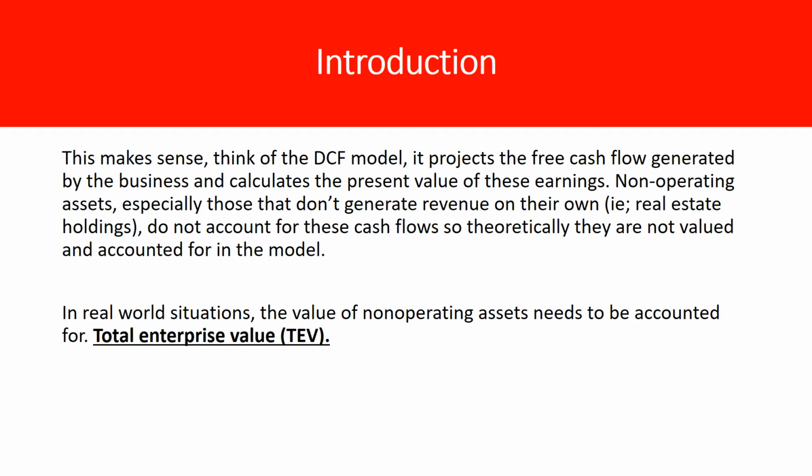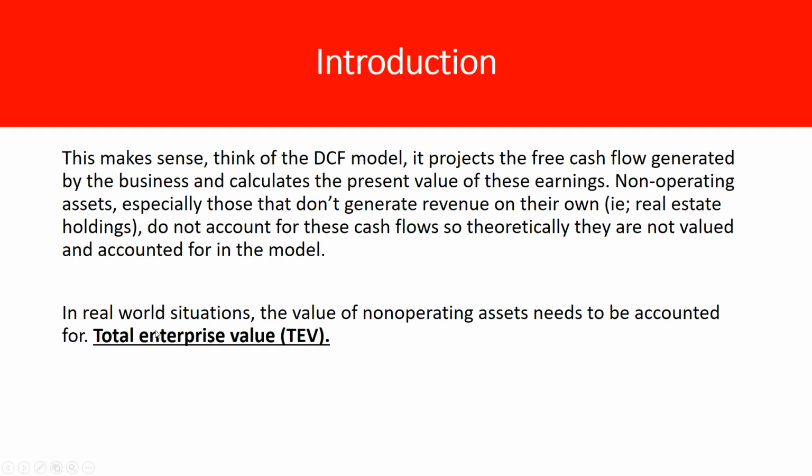So that asset is completely unaccounted for when you are building a DCF model in order to project the core earnings of the business. The core earnings originate from the services side. So really, you're projecting the free cash flows of that services business. And especially if those non-operating assets don't produce any revenue, then they're not properly accounted for in the final calculation. That final projection is the enterprise value of the business.